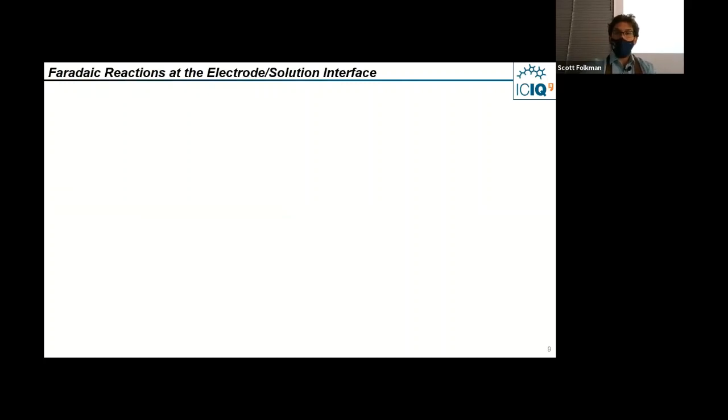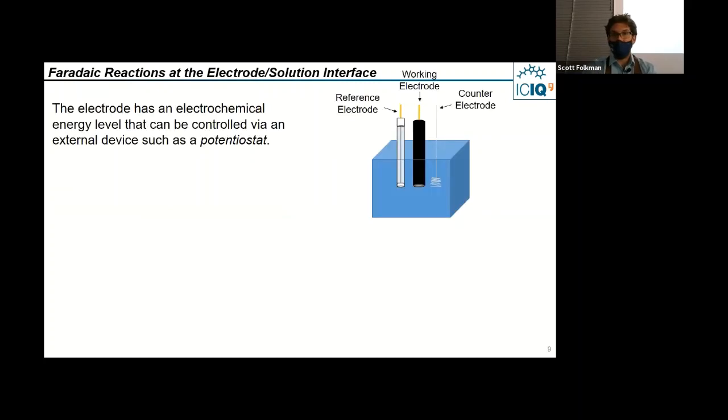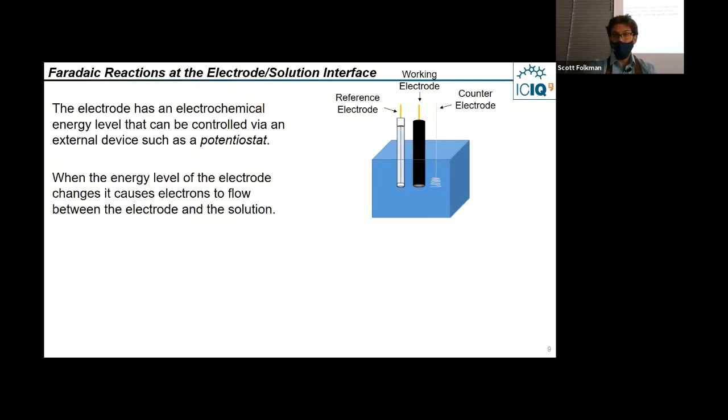So reviewing a little bit from last week again, Faradaic reactions occur at the solution interface when we control the energy level of the working electrode using a potentiostat. And so when we change the energy level of this working electrode, we can cause electrons to flow to or from the solution.